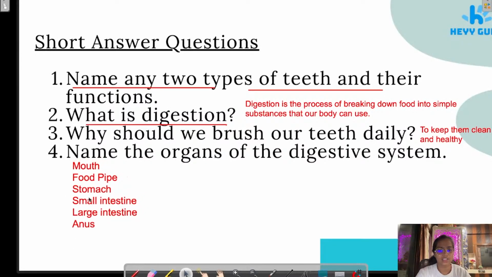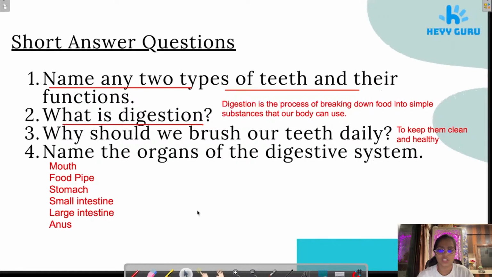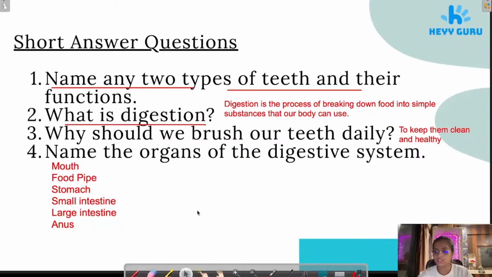So these are the organs of the digestive system. I hope you didn't forget about anus. Anus is the place where all the waste from your body is removed. So these are all the answers to all the questions.